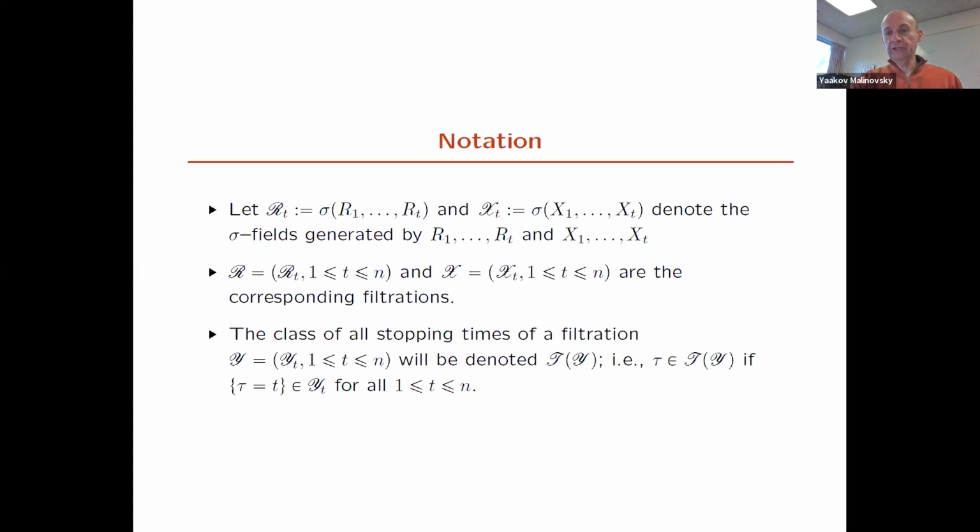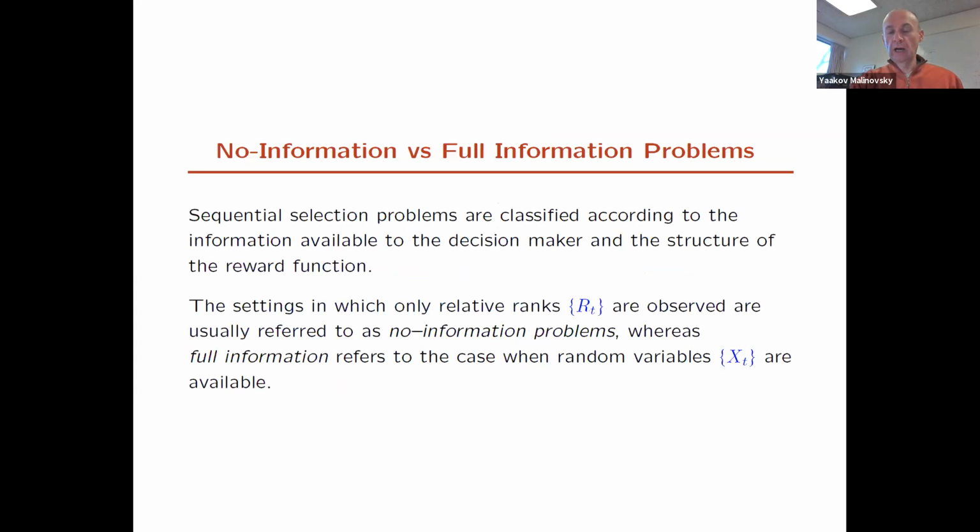Now, using this notation, it is possible to discuss the reward functions. A sequential selection problem depends on two main features.